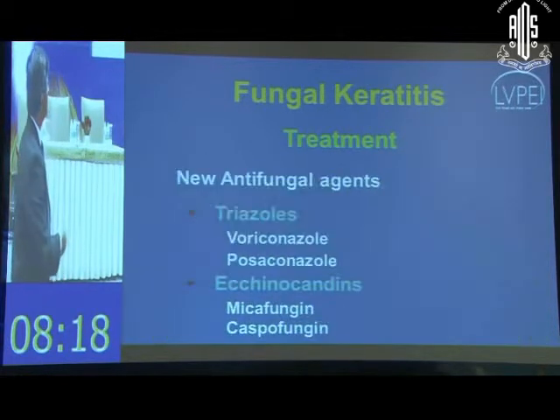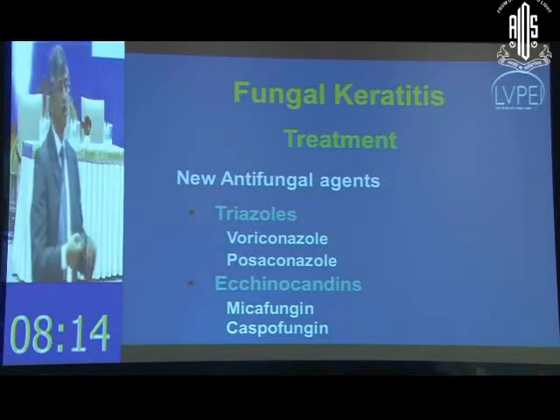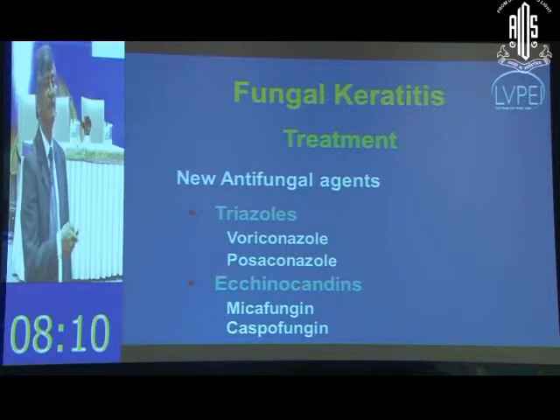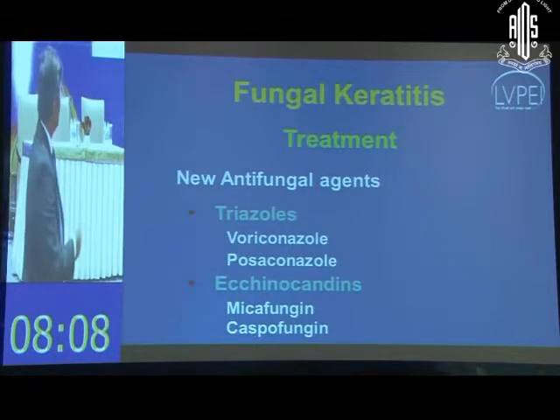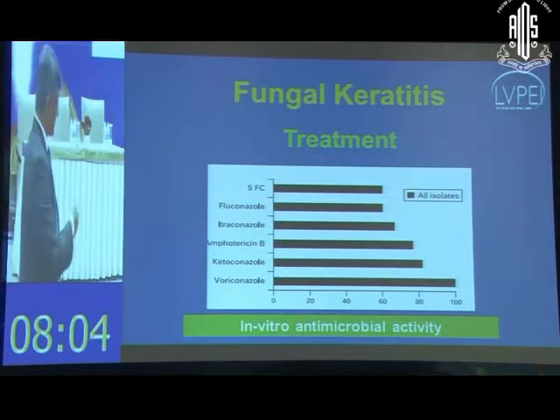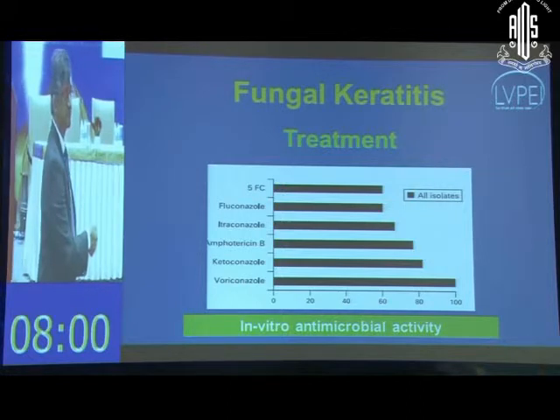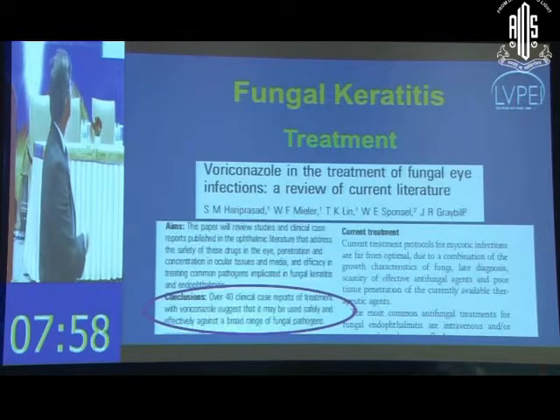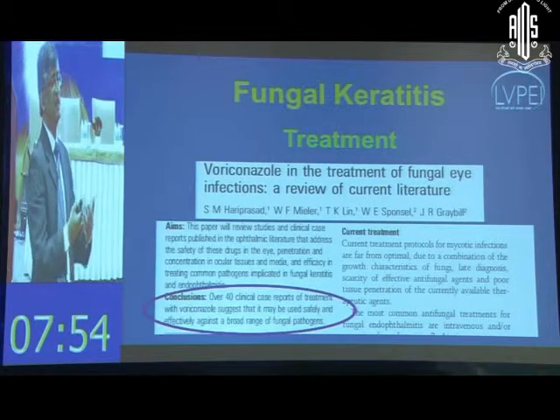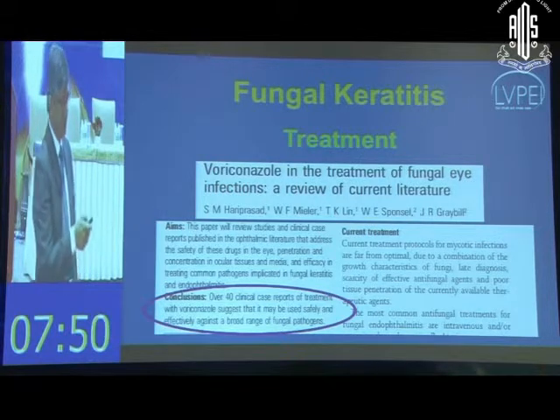Now there is lot of enthusiasm that has come for the use of voriconazole in the management of corneal ulcer, both yeast as well as filamentous fungi. And this enthusiasm was primarily because the people thought that voriconazole has the broadest spectrum of activity against all the isolates. Number two, most of the trials that were published clearly showed that the voriconazole gives better results.